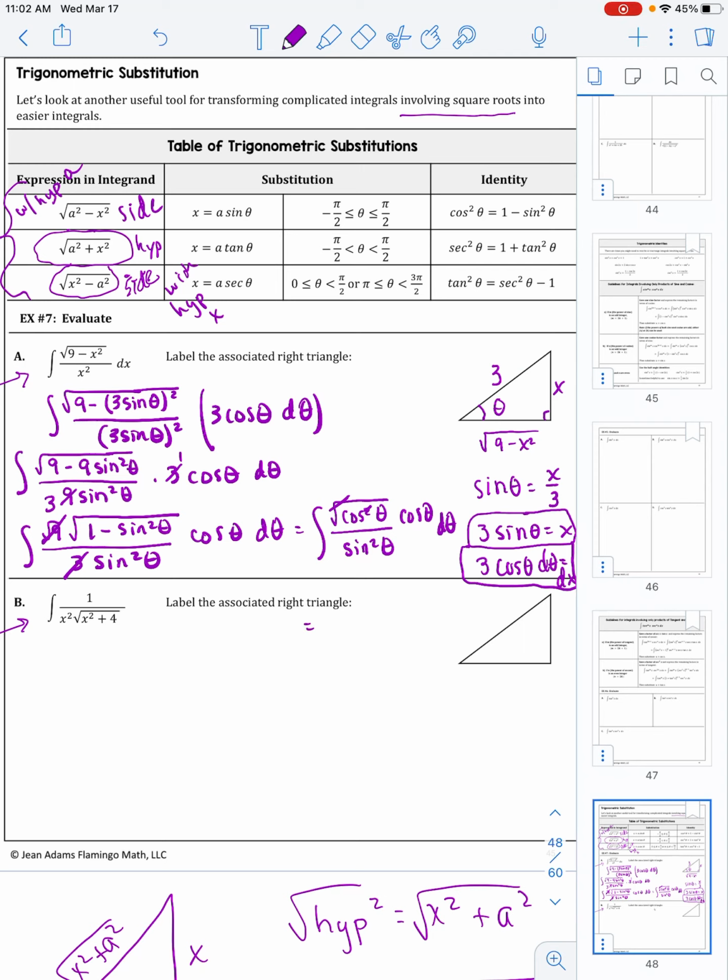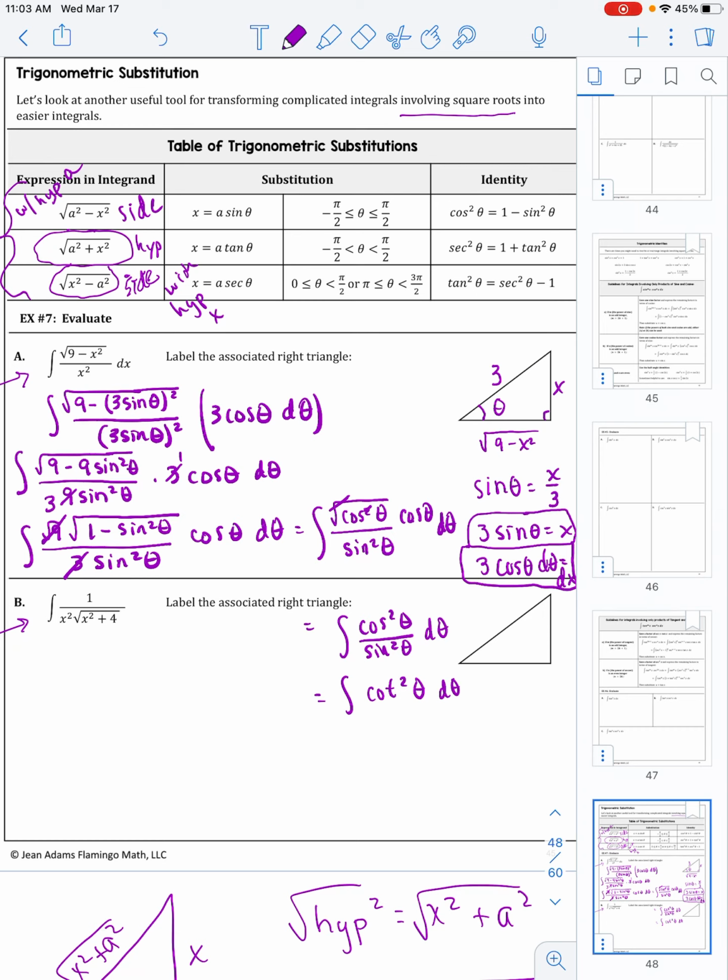So I've got cosine theta times cosine theta, so that gives me cosine squared theta. And that takes care of this times this over sine squared theta d theta. And I know that cosine divided by sine is cotangent. So this is cotangent squared theta d theta.